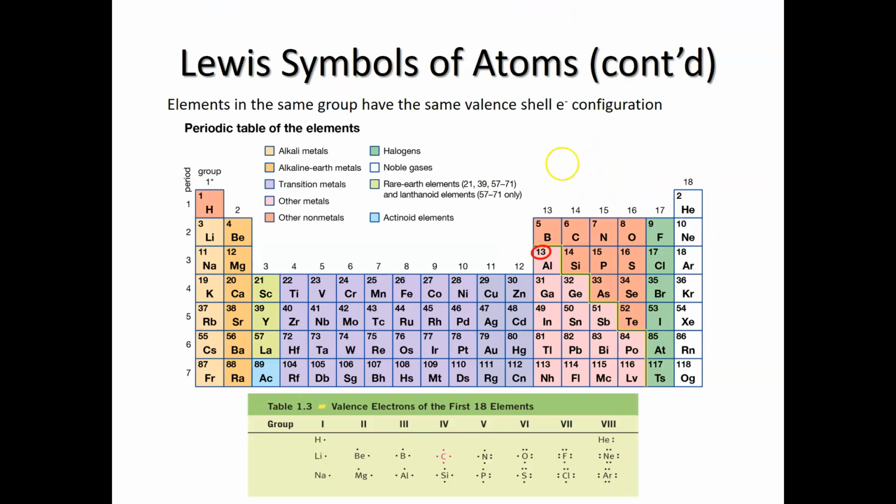In your periodic table, aluminum is in the third main group. So that's how you get valences. Neon has 8 valence electrons. So that's how you do it, especially for elements in groups other than the transition metal elements.